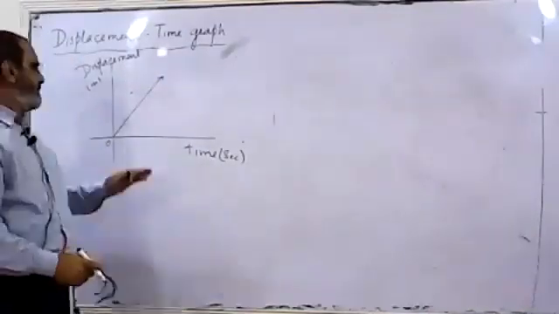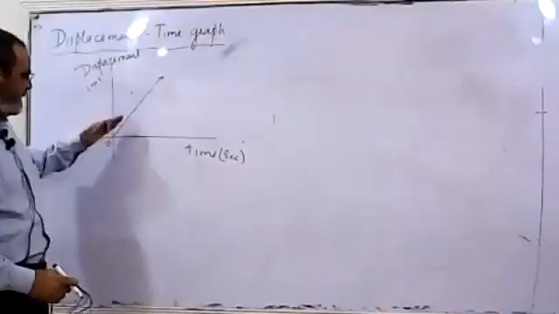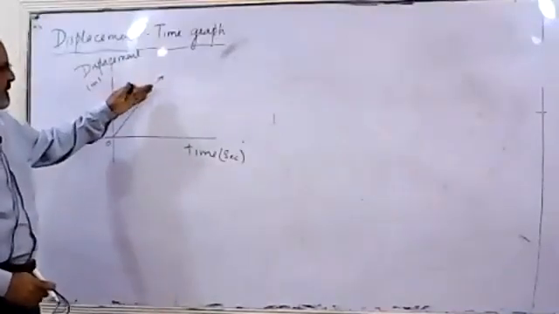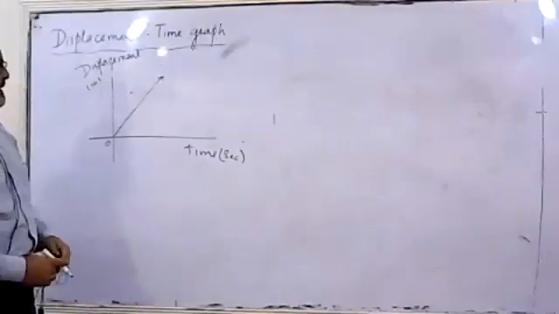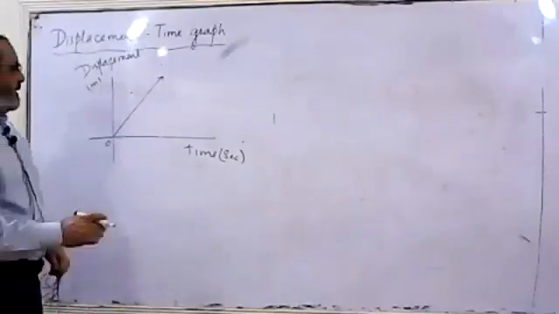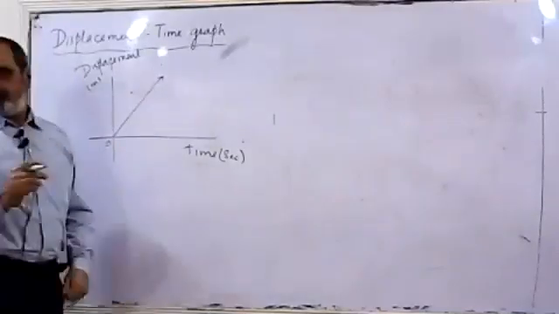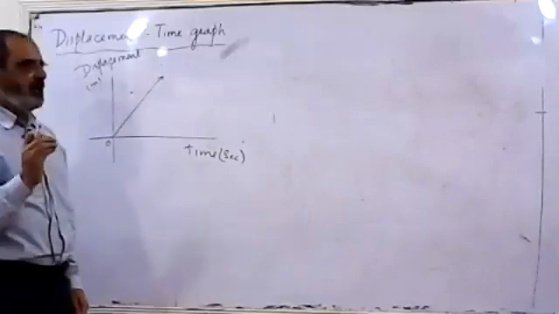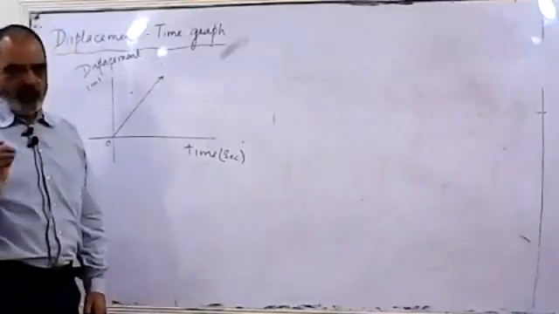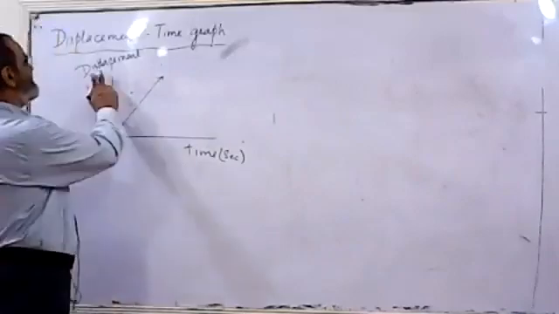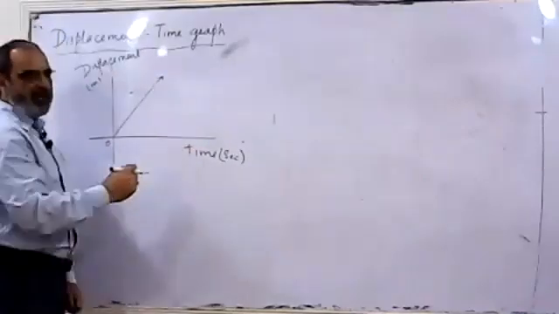If I have a straight line inclined towards the right, it has a positive gradient. If the line is straight, it represents a constant quantity. The relation between displacement and time is velocity.